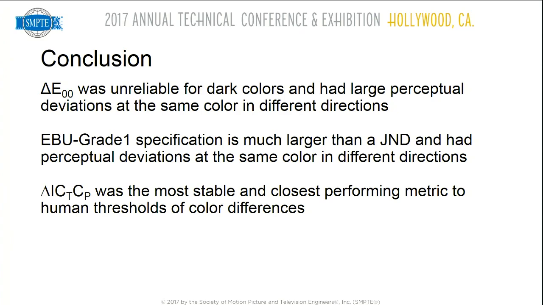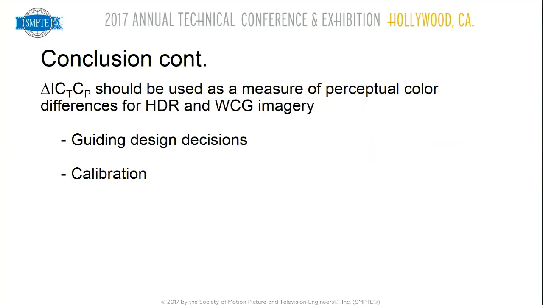We found that ΔICTCP was the most stable and closest performing metric to human thresholds of color differences. So in the end, we found that ΔICTCP should be used as a measure of perceptual color differences for HDR wide color gamut imagery, especially as it relates to guiding design decisions and use in calibration and calibration tolerances.